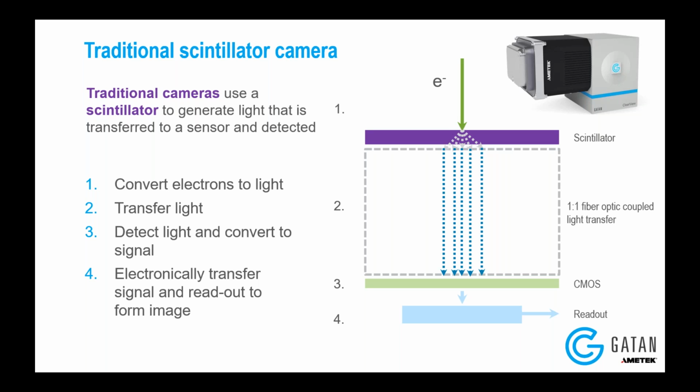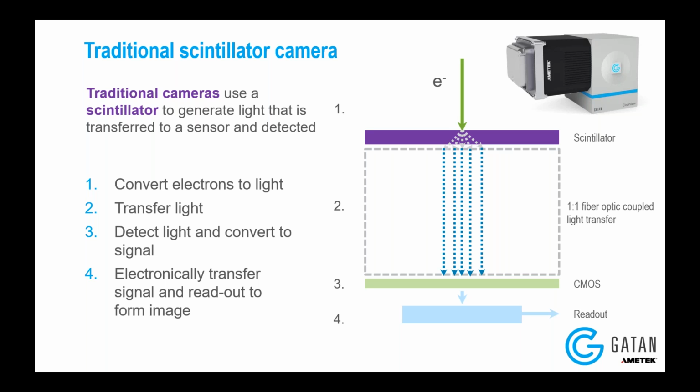Now, that's the difference between a CCD and a CMOS sensor and how it plays out into the camera design and performance. The other aspect is the scintillator aspect of it, the detection mechanism of the camera. I mentioned that scintillator cameras are also referred to as indirect detection cameras, because the actual CMOS sensor, or CCD sensor, but in this case for the ClearView it's a CMOS sensor, is not directly detecting the electrons that are coming from the microscope.